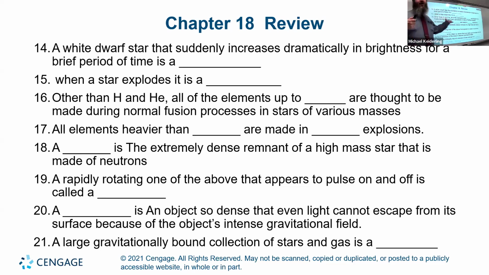A neutron star is the extremely dense remnant of a high mass star that's made entirely of neutrons. So it's like an atomic nucleus the size of a city. It's insane. And a rapidly rotating neutron star that appears to pulse on and off is called a pulsar.